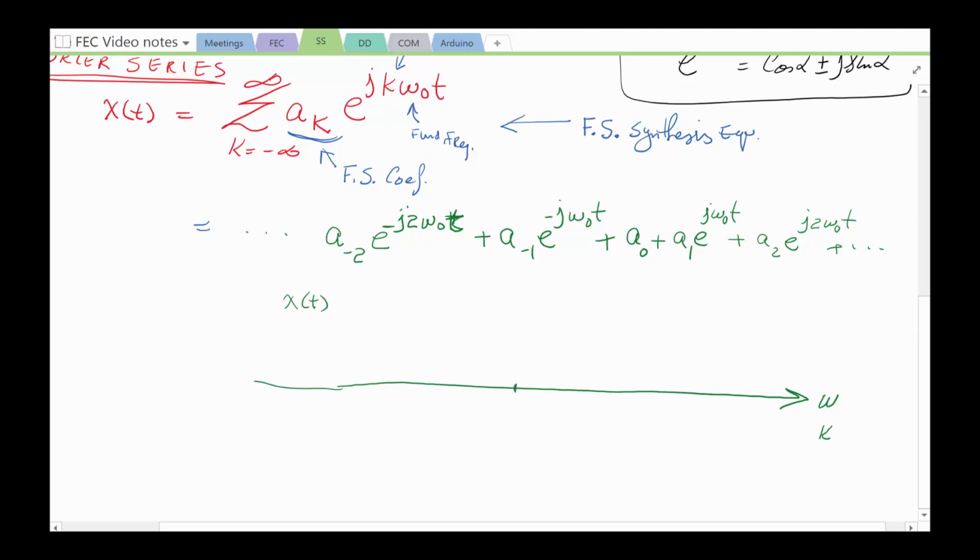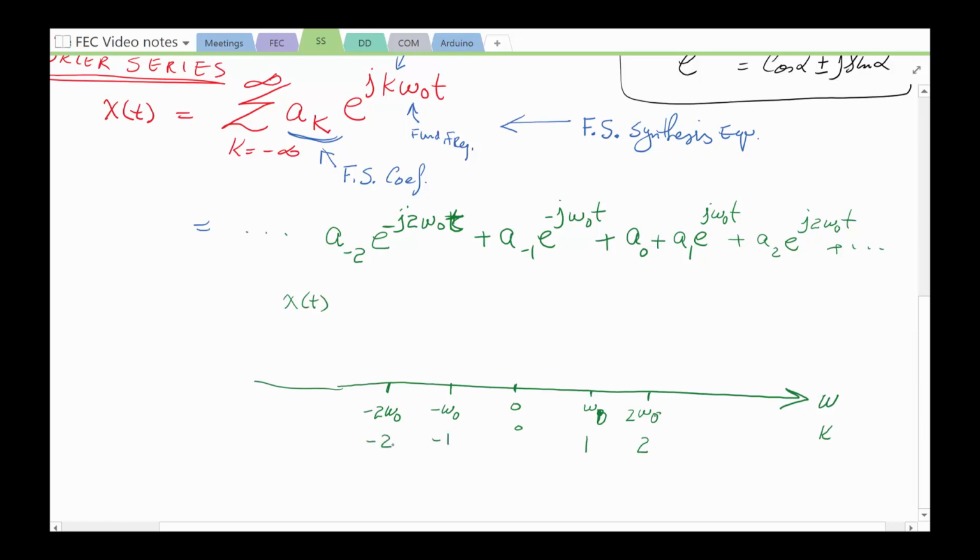So let's see what that means. At frequency 0, k is equal to 0. Or we can have a component at omega 0, 2 omega 0, which are called harmonics. And then you also have the negative side, so you have negative omega 0, negative 2 omega 0, and k's, of course, would be 2, 1, 0, minus 1, minus 2.